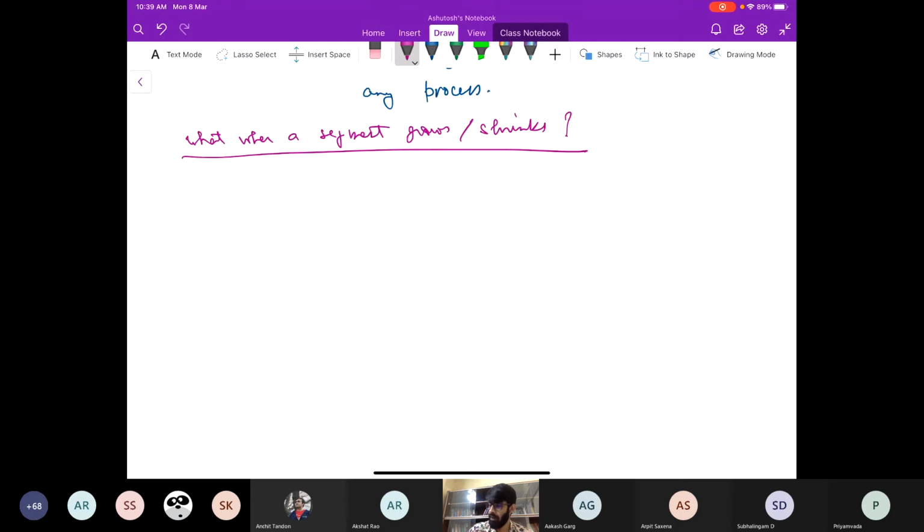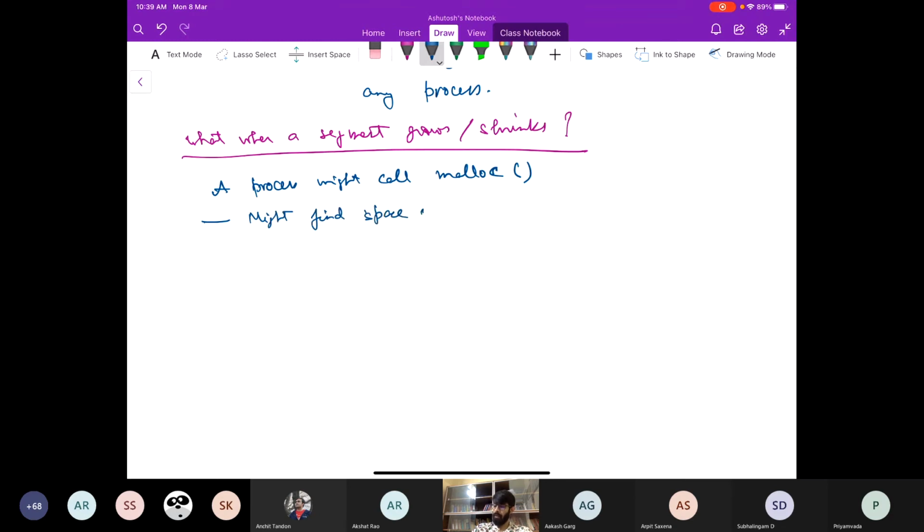Okay. As we have seen, a process might call malloc and then maybe wants to grow its heap, or somehow even wants to grow its stack. Suppose it uses malloc. One way is that it might find space in the current heap itself.